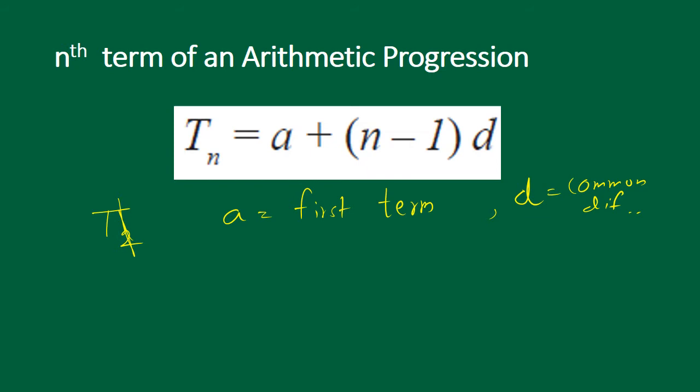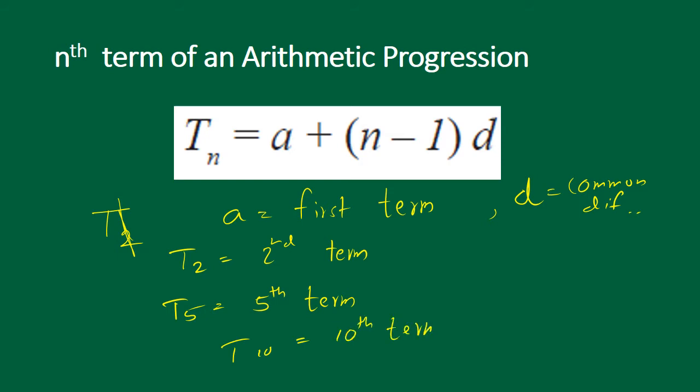So if you get t2, that means second term. If you get t5, that is fifth term. And if you get t10, that means 10th term. And that's it.